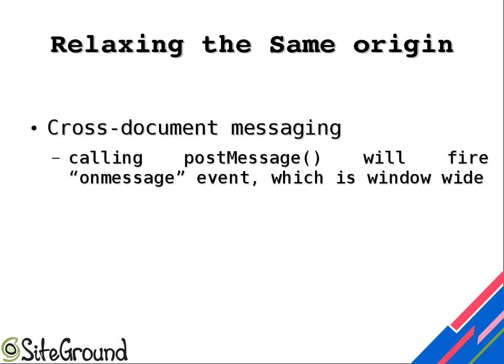Also WebGL, images, video frames, style sheets, which, as I said, are different than web fonts, and scripts. This doesn't change the fact that you can download the HTML from everywhere. Cross-origin resource sharing is not for the HTML itself.